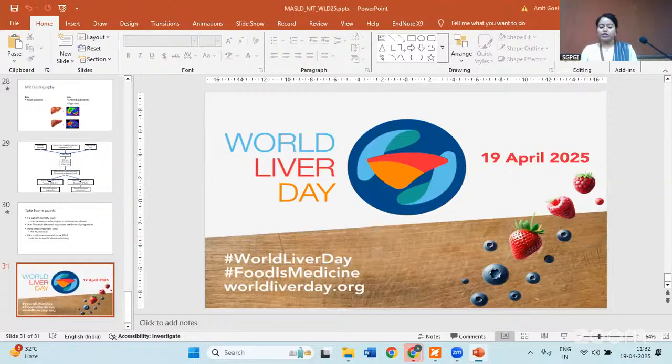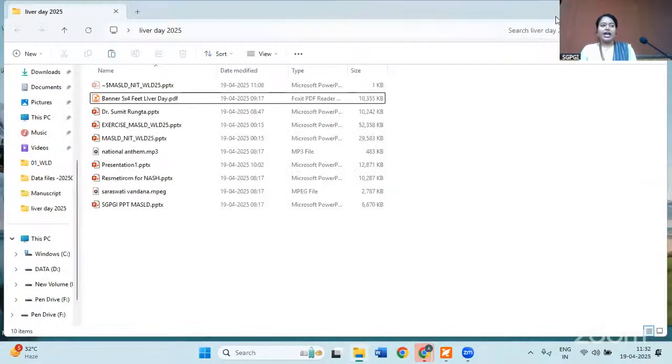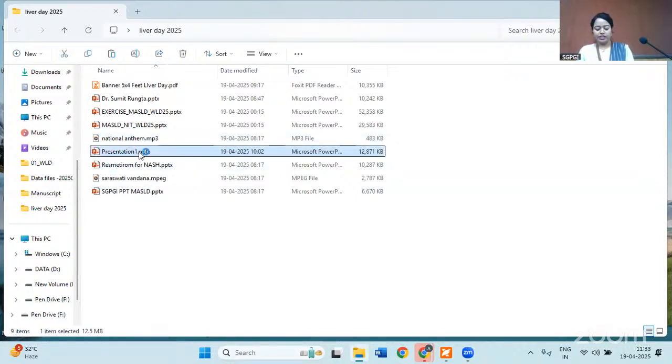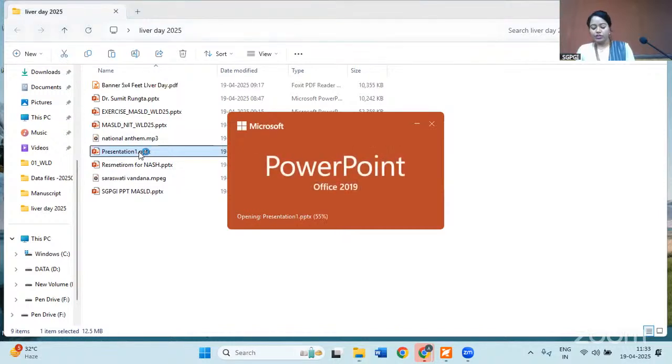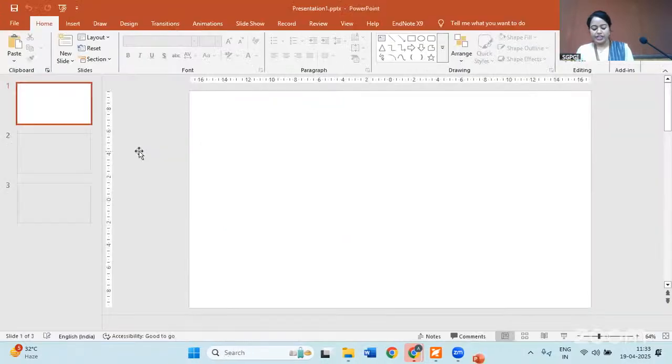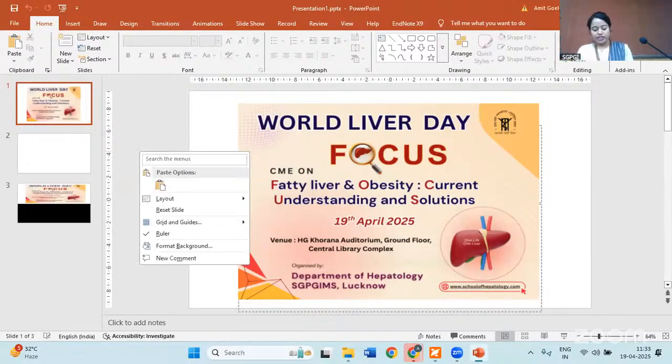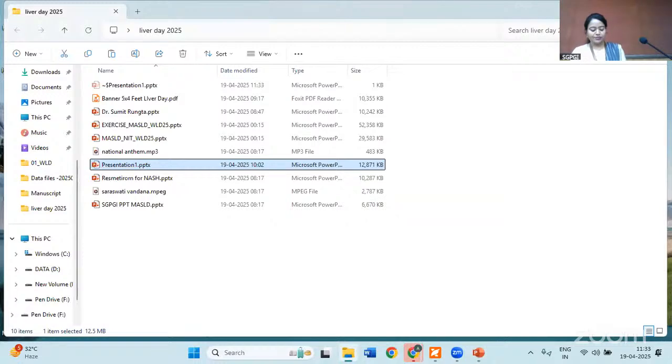Now we are moving to the inauguration session. I would like to invite our honorable dignitaries, Professor R.K. Dhiman, Director SGPGI, Lucknow, Professor Devendra Gupta, CMS SGPGI, and Professor Amit Goyal, Head, Department of Hepatology, SGPGI, to please ascend the dais.